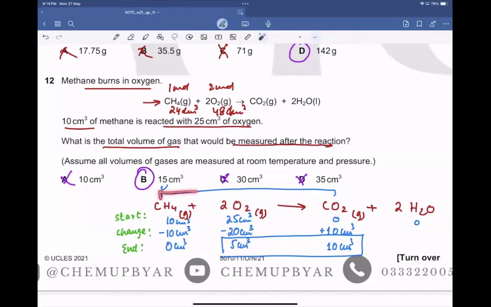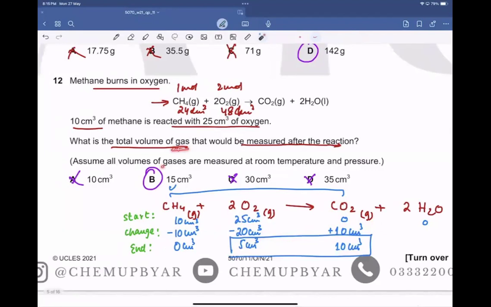Then we make the ratio of methane and carbon dioxide, as their ratio is 1:1. So if 10 cm³ of methane is used up, then 10 cm³ of carbon dioxide is going to form. So the volume of the gas at the end is 10 cm³ carbon dioxide and 5 cm³ oxygen. They just talk about gas, so we have to add both of them because both are gases.